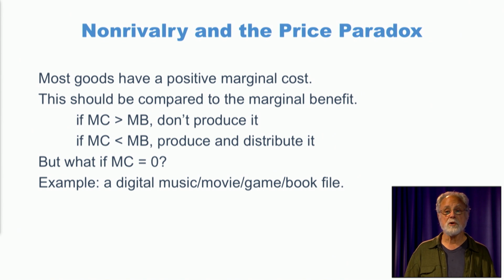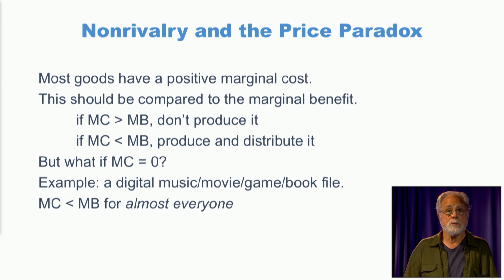So you've got zero marginal cost. Well, in that case, of course, the marginal benefit is greater than the marginal cost for pretty much everyone. I mean, you need to have only a tiny little interest in a bit of music to have a benefit that's greater than the cost of disseminating it, since the cost of disseminating it is zero. So in that situation, you've got a price paradox.